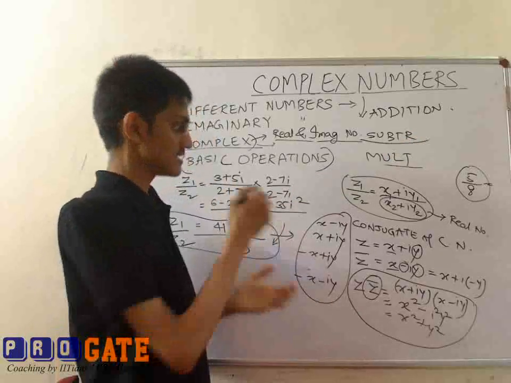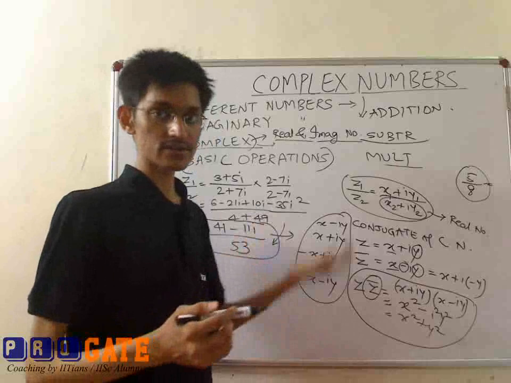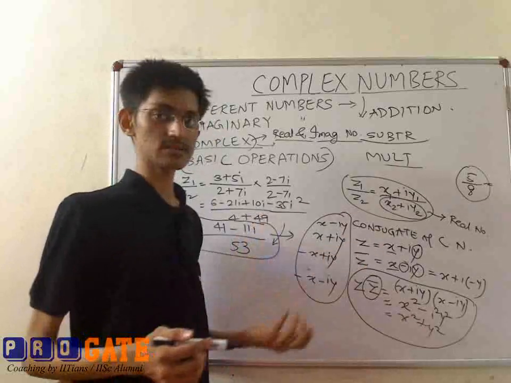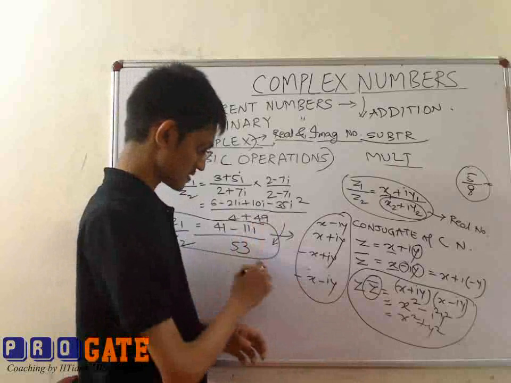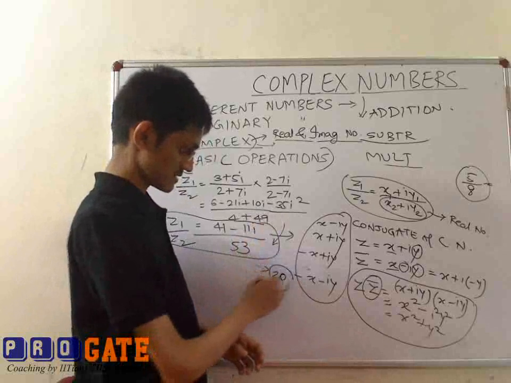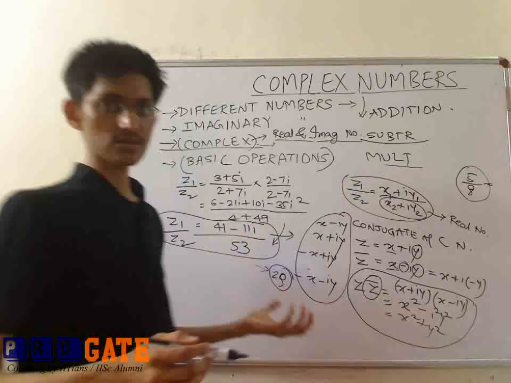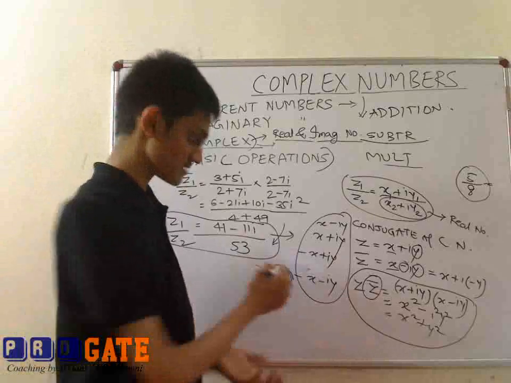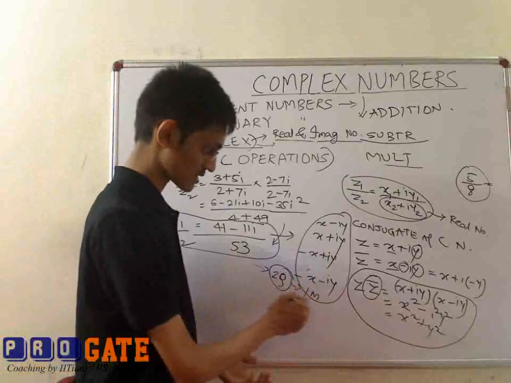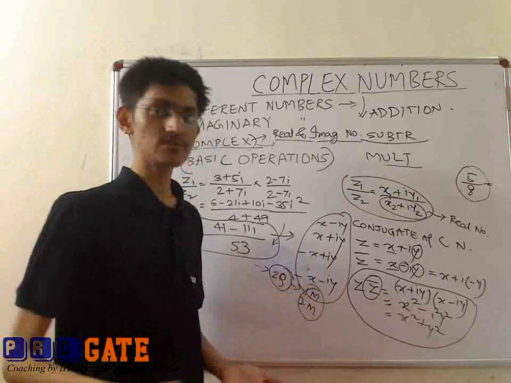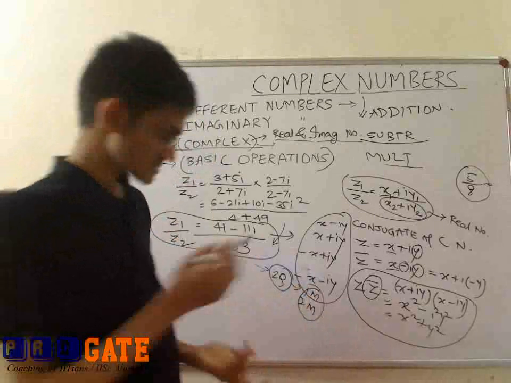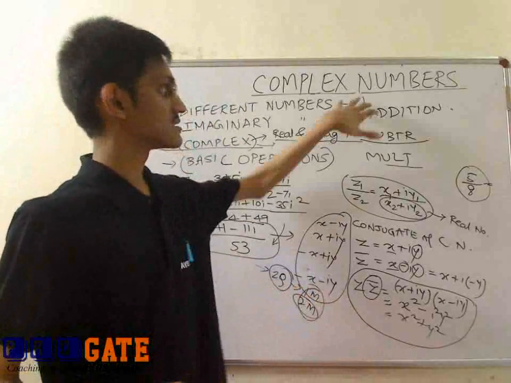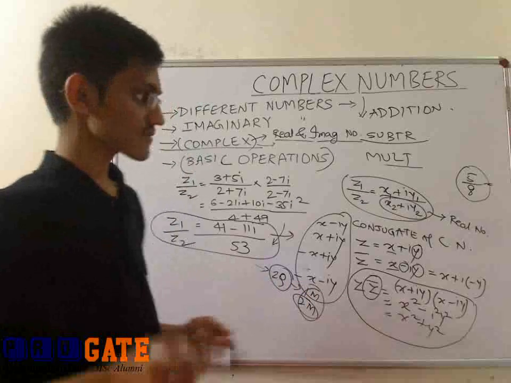Just as we have limits, continuity, derivatives and integration for real functions, similarly they apply to complex functions. It may be a 1 mark question or a 2 mark question, depending on the type of sum. If you go for complex functions, it may be 2 marks. With respect to complex numbers, it would be 1 mark.